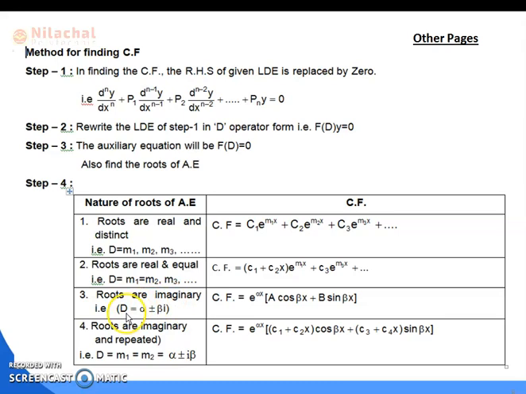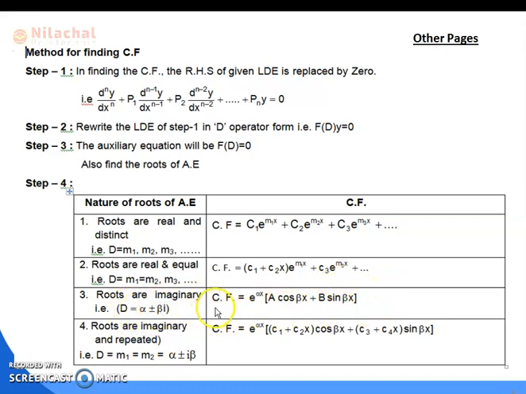Then come to the next case, if roots are imaginary, meaning complex numbers. It will be denoted as D equals alpha plus minus beta i, as we have completed in our chapter 1. You have to collect your alpha and beta, then apply them in this formula.